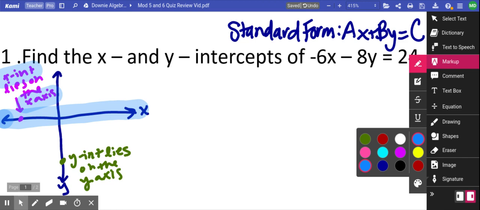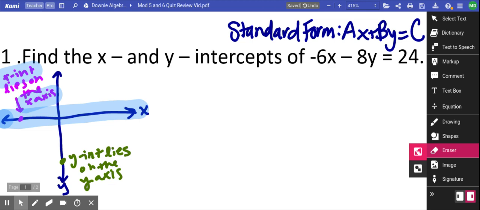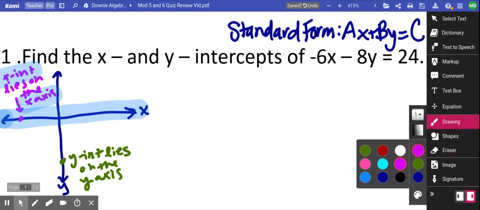What's important about my horizontal line is anywhere on my x-axis, if I have a point, if I were to name that ordered pair, I would go to the left or right some number, and then I'd take a look at my y's, and I wouldn't go either up or down, so y must be 0.